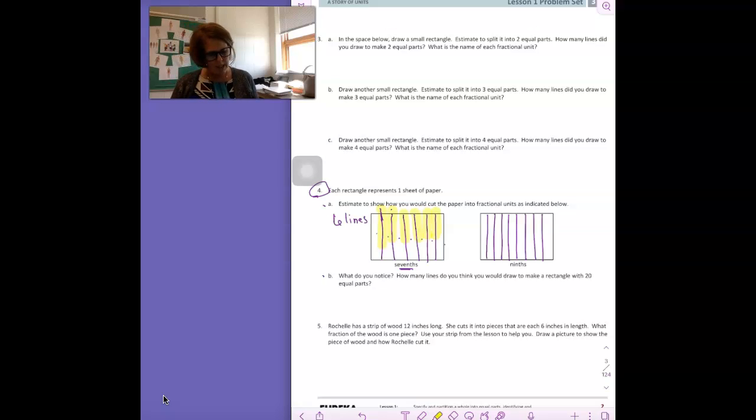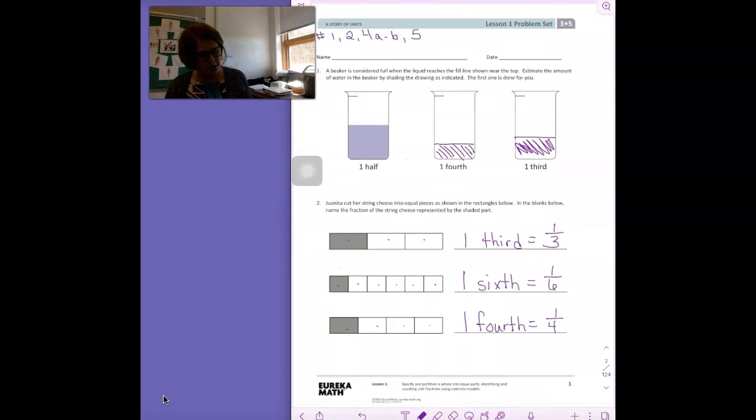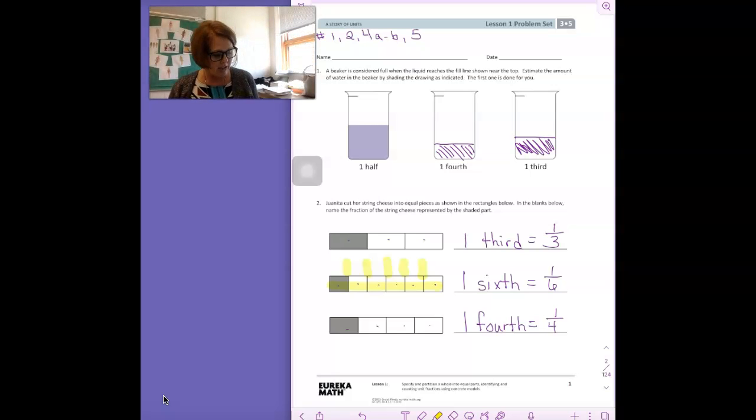When we drew ninths, we drew 1, 2, 3, 4, 5, 6, 7, 8 lines. And I even want to go back here. When we had sixths, we drew 1, 2, 3, 4, 5 lines. And when we had fourths down here, we drew 1, 2, 3 lines.